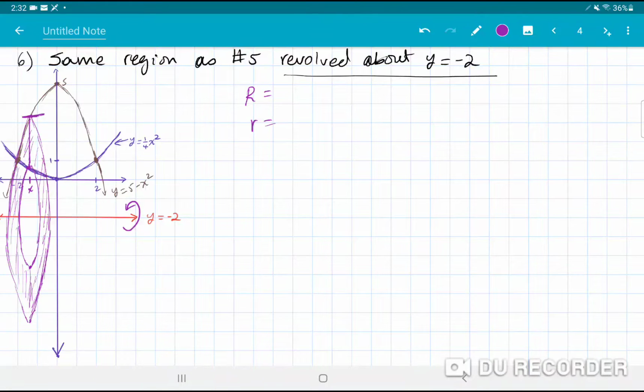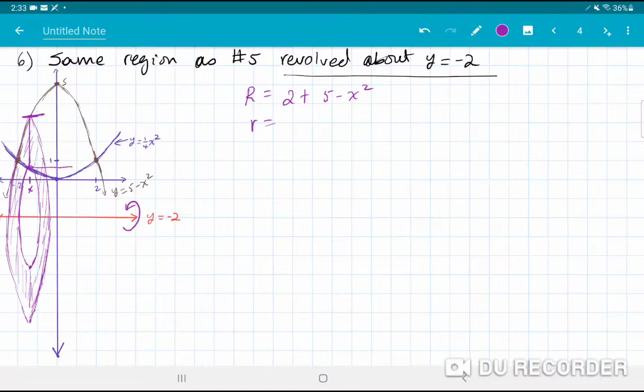And from the x-axis to our axis, we add 2 more units. So the big radius is 2 plus 5 minus x squared.